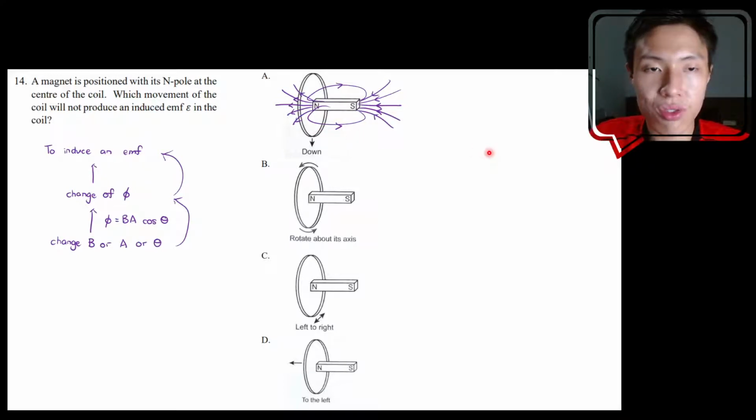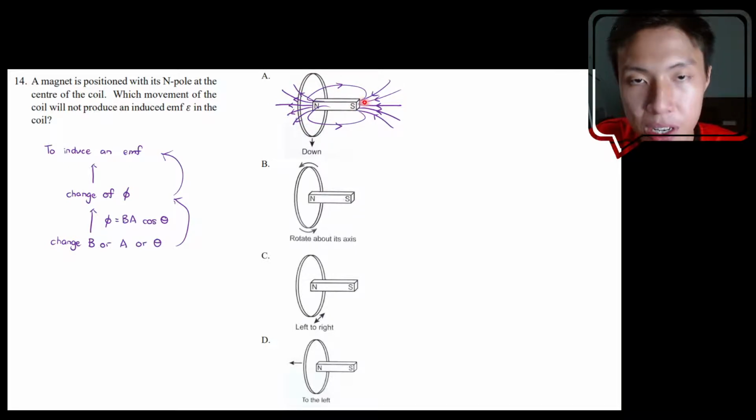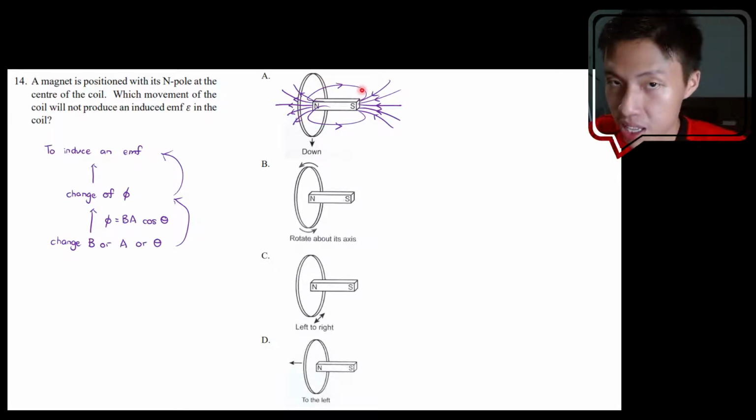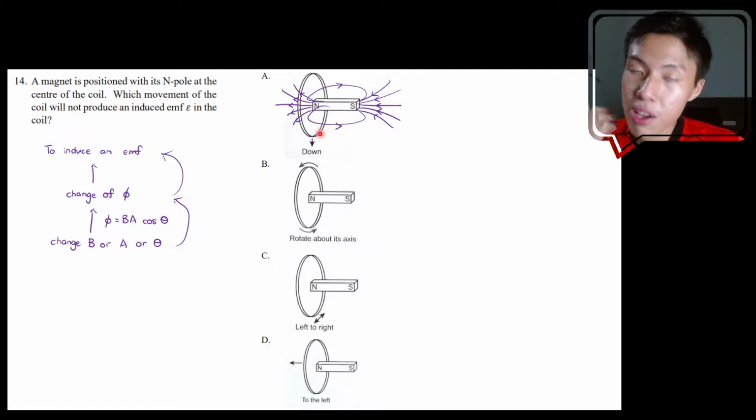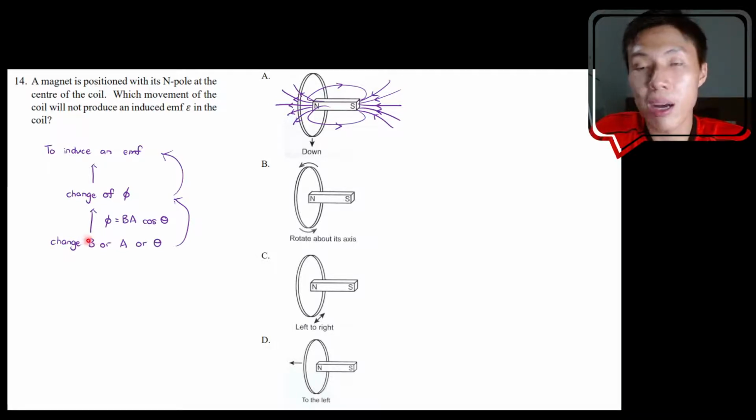I should draw it on the side over here, but never mind, you can imagine. If you pull it down but keep the bar magnet at the original position, you're taking the coil away from the bar magnet. So you experience a decrease in the area experiencing the magnetic field. Or you can think of it as a decrease in the magnetic field passing through the coil. Either way of thinking is fine.